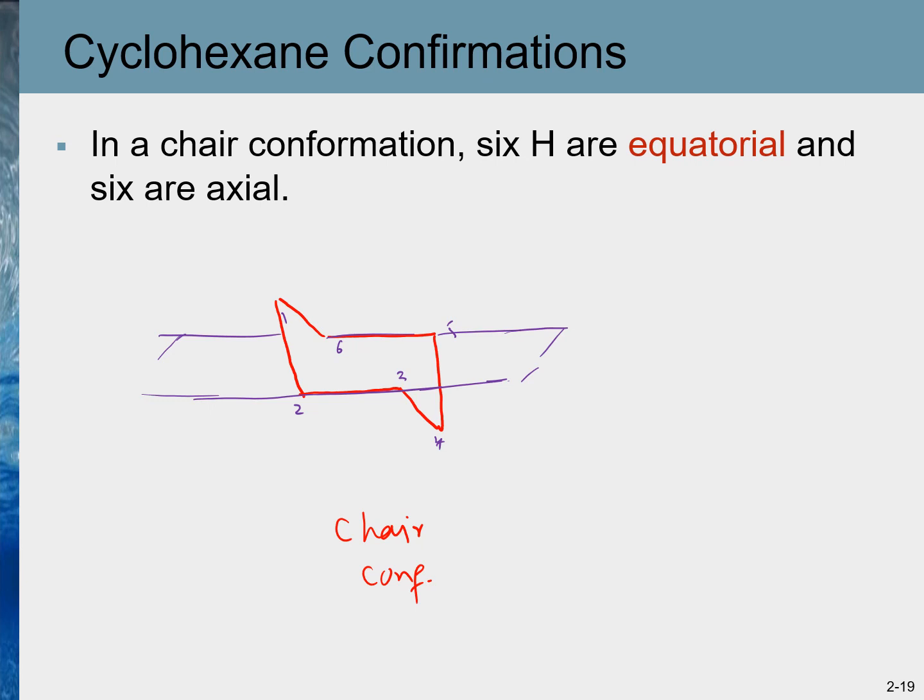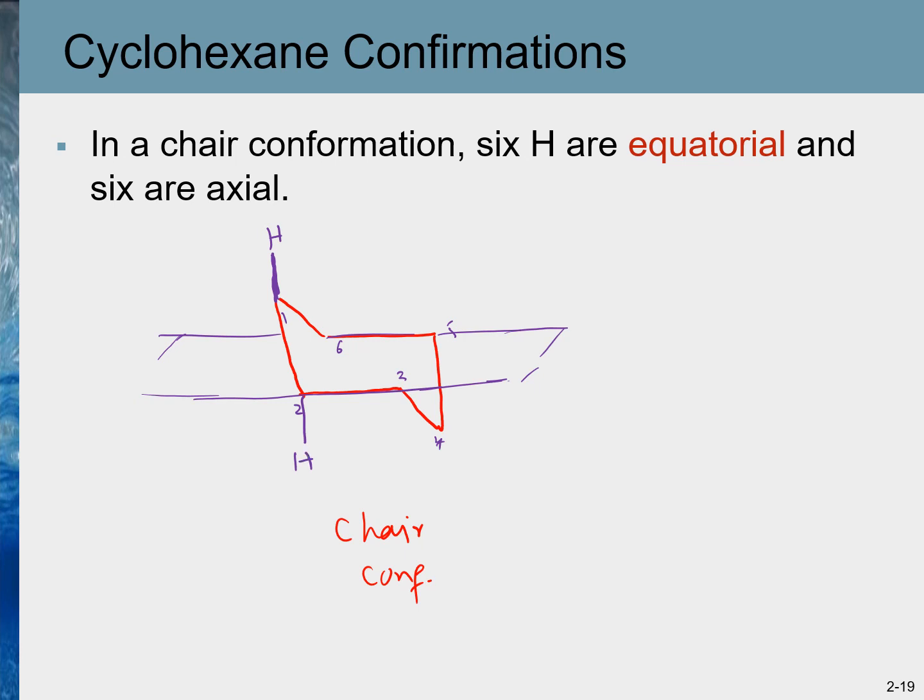So if you start with the carbon which is above the plane, then the axial position is kind of like a flagpole straight up. So this would be the axial position. And then move from carbon 1 to the carbon 2, just draw another flag but in the opposite direction. So if carbon 1 is above the plane, carbon 2 will be below the plane.